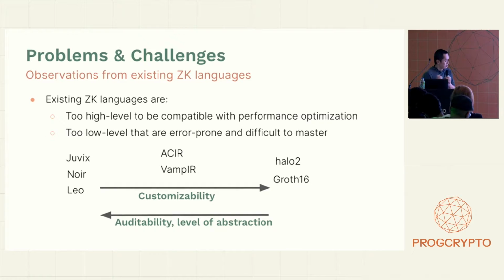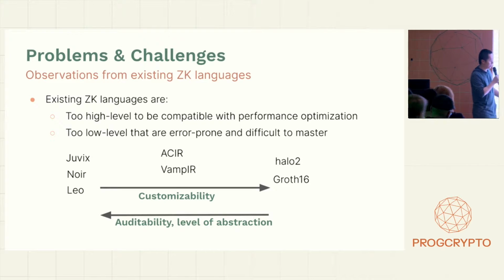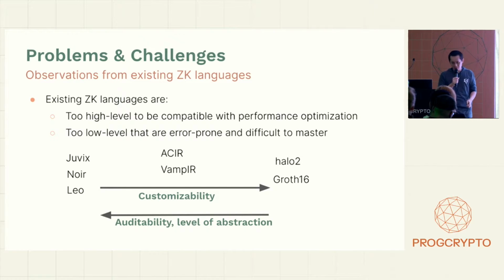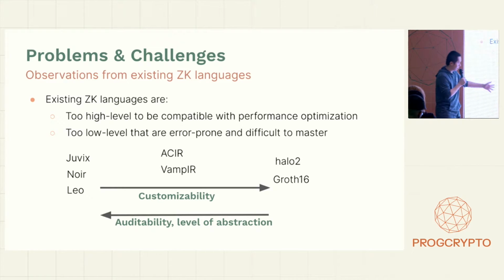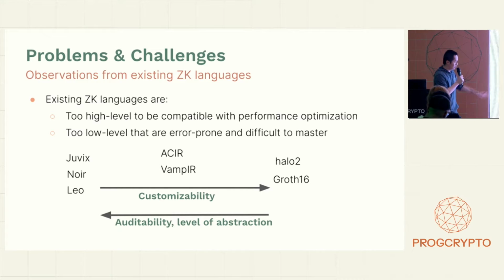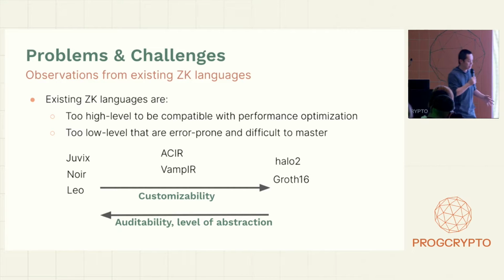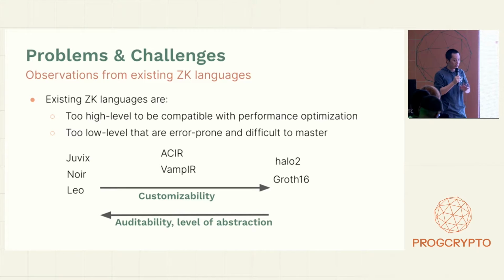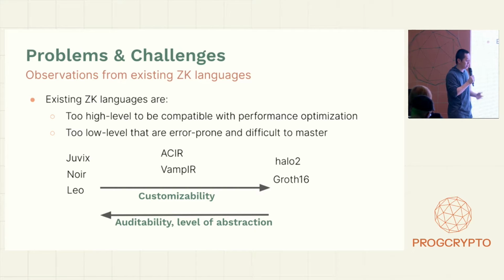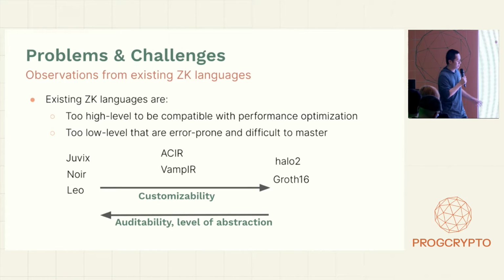In this slide, as you can see, there are two arrows. I've put some of the DSLs for writing ZK here. On the left-hand side of the arrow, I'm listing some of the high-level DSLs. These DSLs are very user-friendly, in the sense that the user can just write the programs she wants, without realizing she's writing ZK, without needing to consider different kinds of constraints or the polynomial representation of all those semantics.